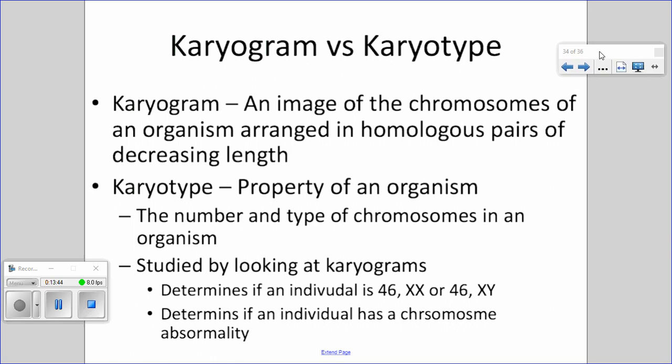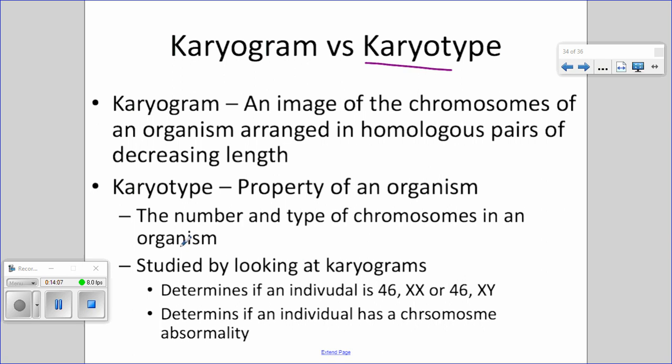Now, from the karyogram, you can determine a karyotype. So the karyogram is basically an image of the chromosomes of an organism arranged in those homologous pairs of decreasing length, so that's that picture. And then the karyotype, that's derived from the karyogram, this is basically the property of an organism.